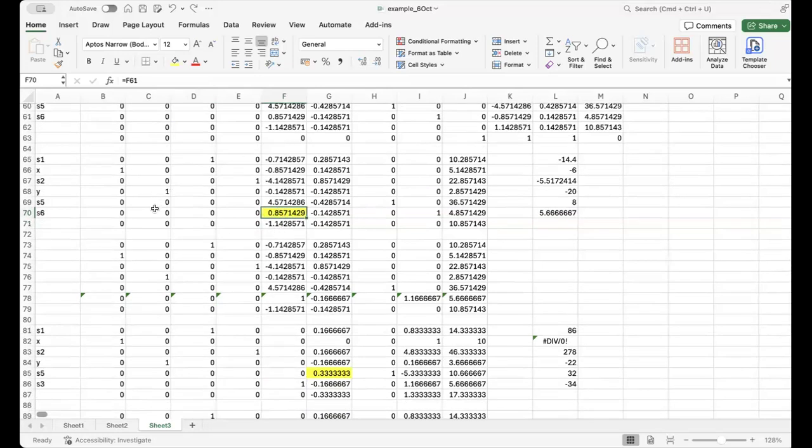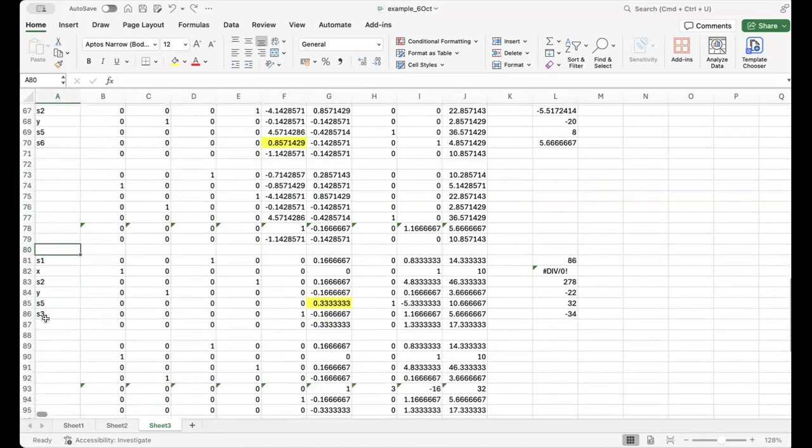We introduce S3 and we remove S6 from basic variable. Then the next round we have basic variables S1, X, S2, Y, S5, and S3.